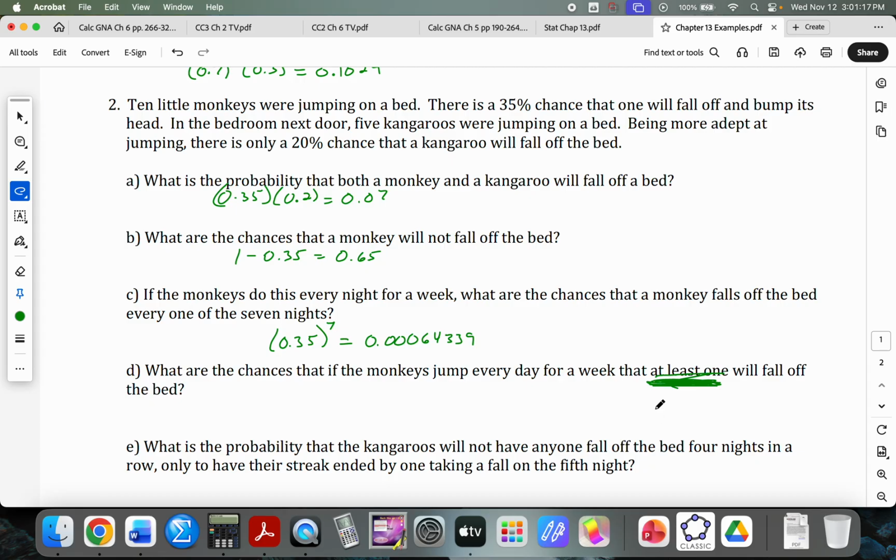So it's going to be 1 minus the probability that none of them fall off. Yeah, that makes sense. So it'd be 1 minus 0.65 to the 7th.